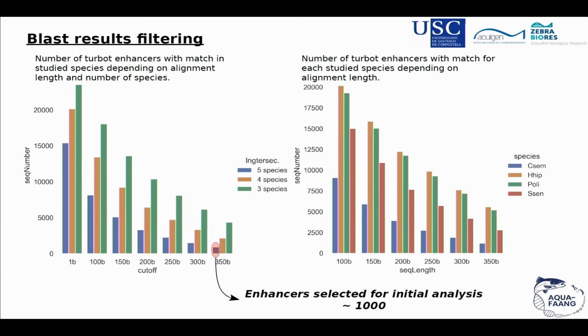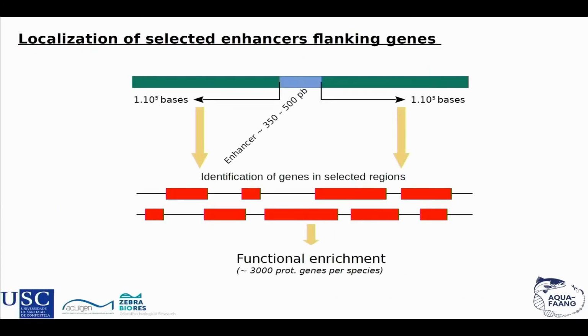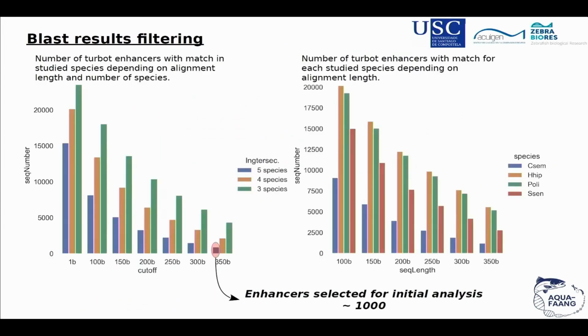When each species was considered by itself, Cynoglossus produced the least number of alignments, followed by Solea, Paralichthys, and Hippoglossus, for all the filters applied.